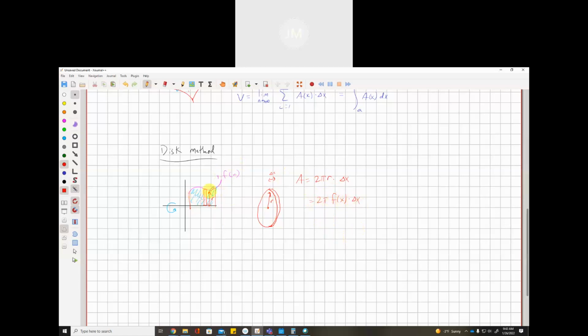So if I want to add up all of these disks, I'm going to use a sum from 1 to n, 2 pi f of x delta x. To find the exact volume, we throw a limit on the front. So now, just like we had a minute ago, I have the limit of a sum, and that will give me a 2 pi r squared. Not 2 pi. See, I'm jumping ahead of myself. It's just pi r squared.